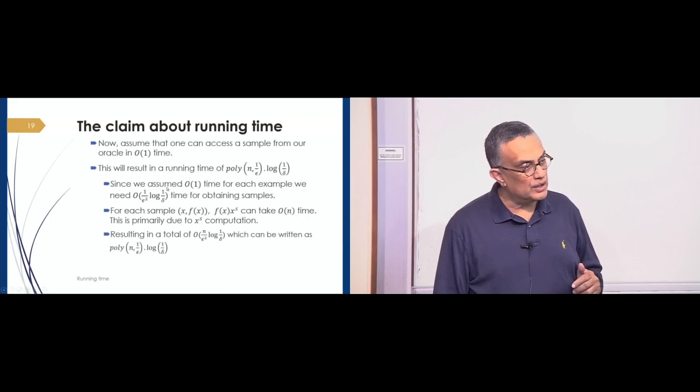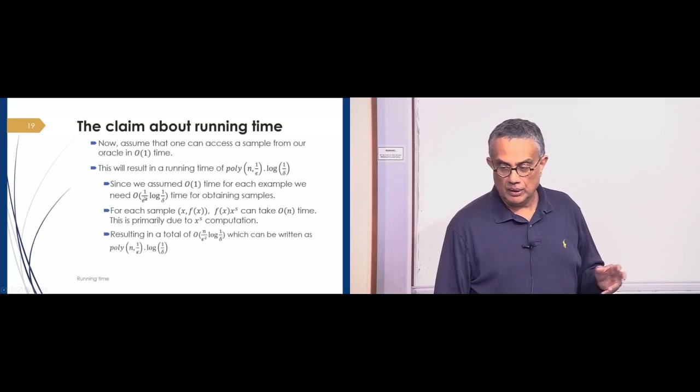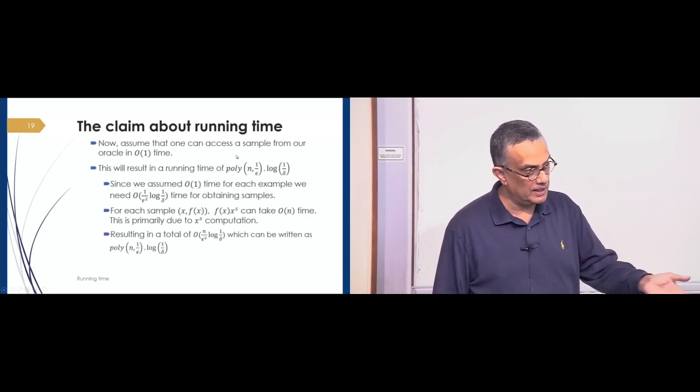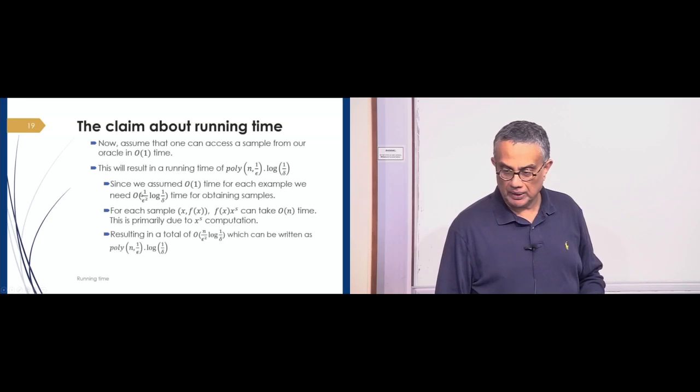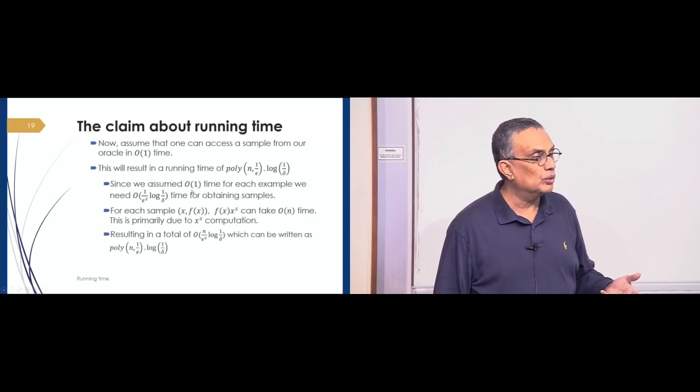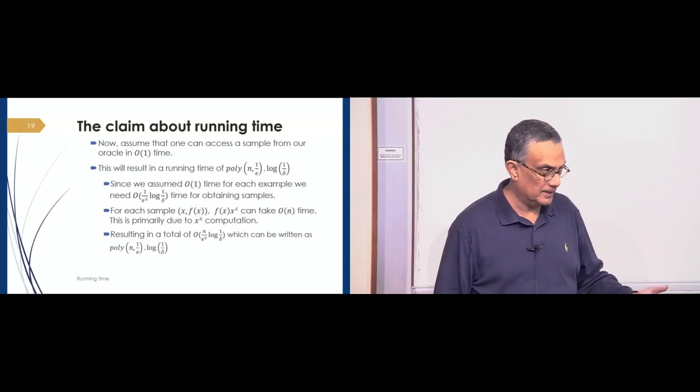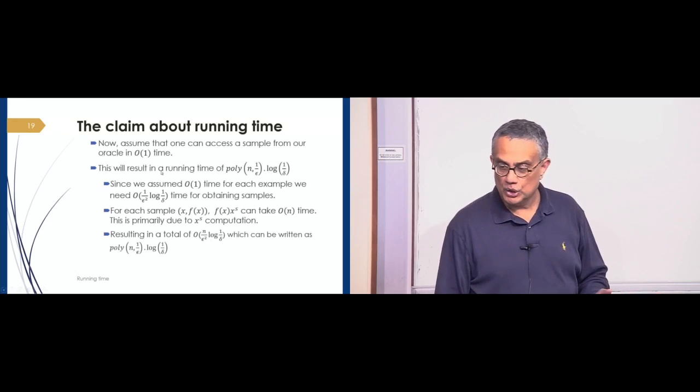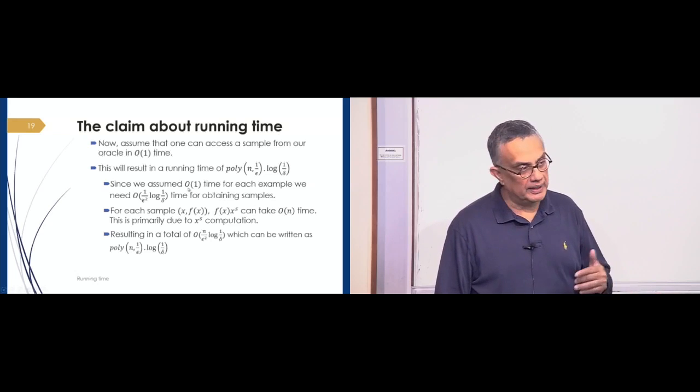Since we assumed constant time for each example, from the previous assertion, the exercise that I mentioned, we need this many examples, 1 over epsilon squared times log 1 over delta. That is the amount of time we need in the big O sense for all the examples, just in terms of reading out the examples.